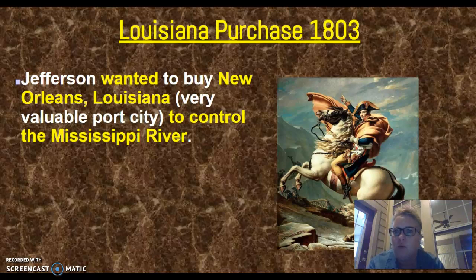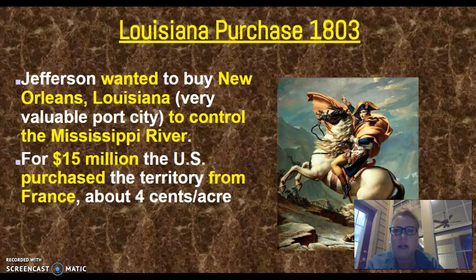We wanted to buy New Orleans to control the Mississippi, but Napoleon said, hey, tell you what, I'll give you more than that if you buy all the rest of the land for $15 million. And so it was too good of an offer to pass up. So that's exactly what happened.